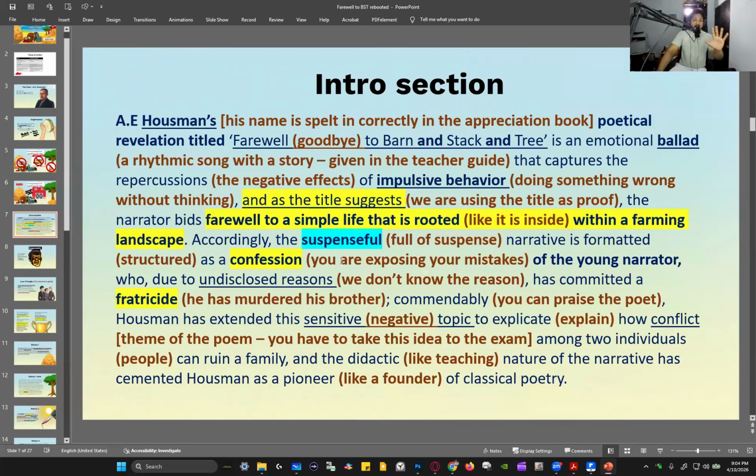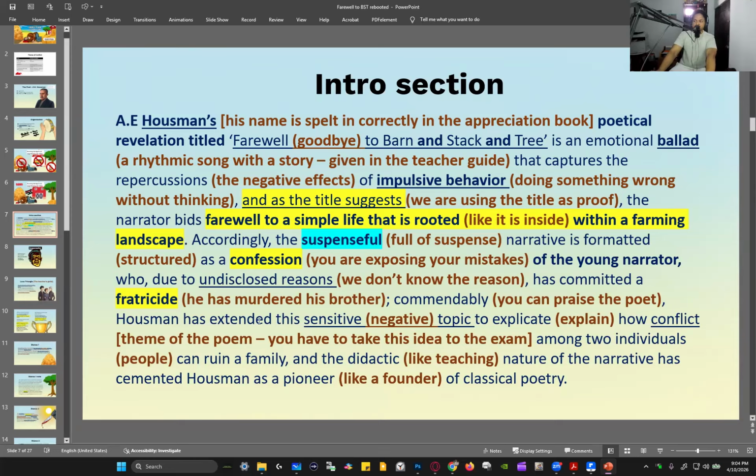So the narrator is about to abscond. The word is abscond. I really want to use that word. Of the narrator who, due to undisclosed reasons, has committed a fratricide.